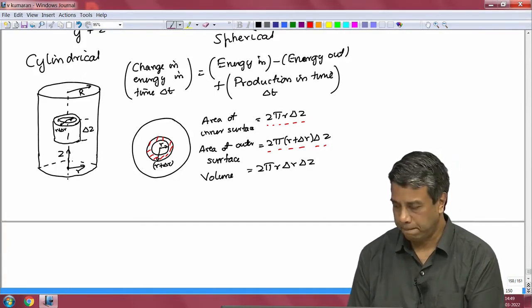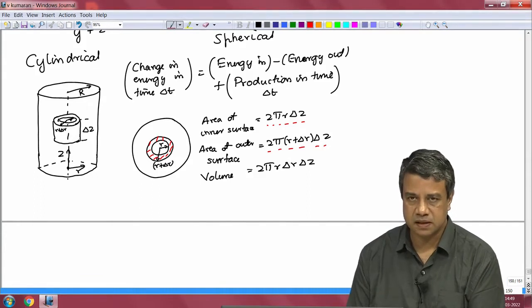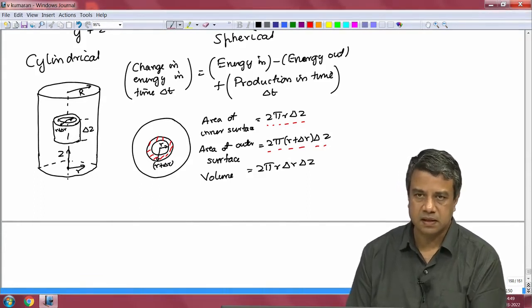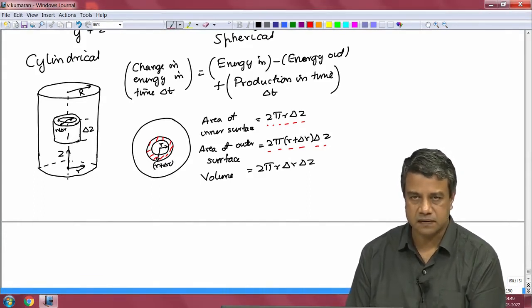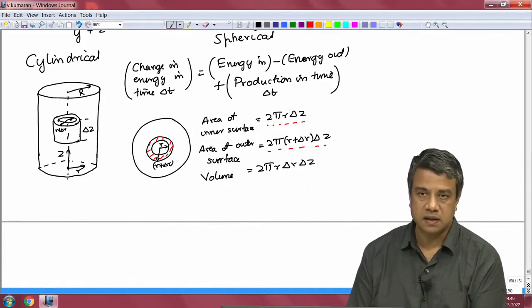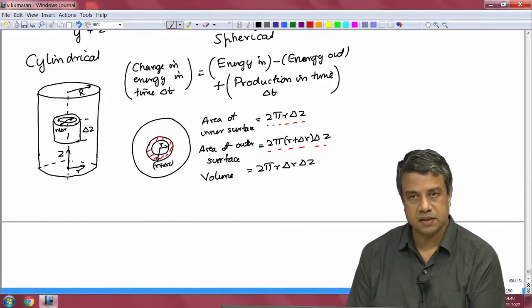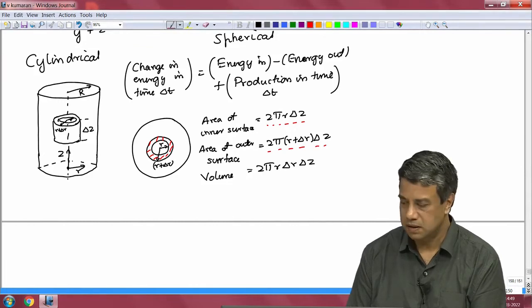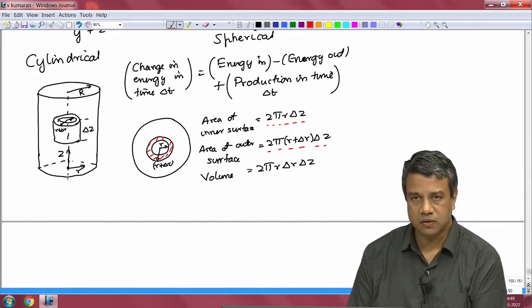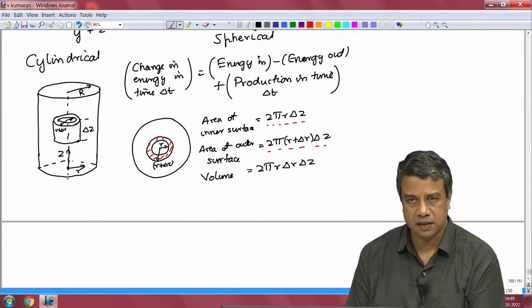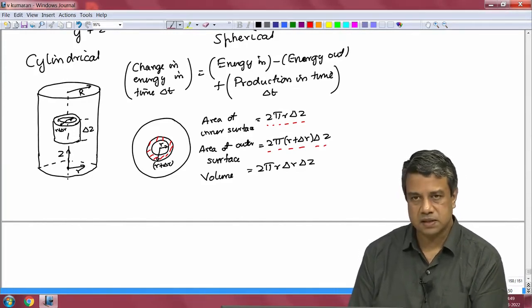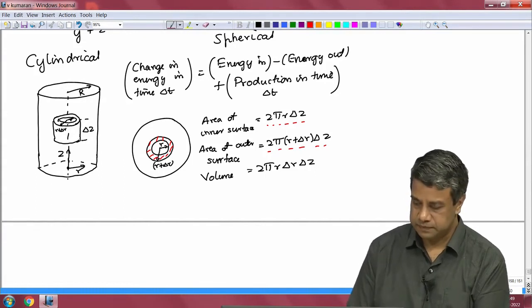That is because the surfaces are curved. At a greater distance from the origin you will have a larger surface area. This is in contrast to the Cartesian coordinate system that we had examined earlier, where the surface areas of the two bounding surfaces were the same, and therefore we could just take the area out. In this case the surface areas are different.